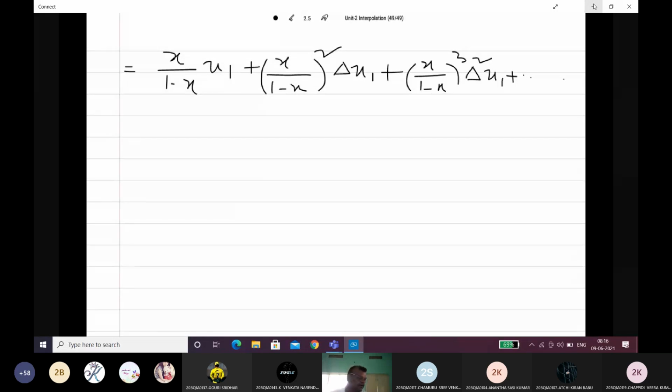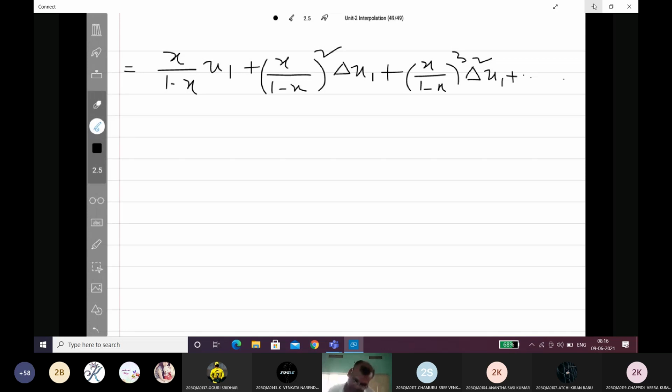Now we have to do some more problems on these types of values. Then note down another example.